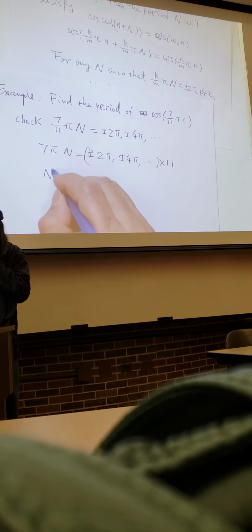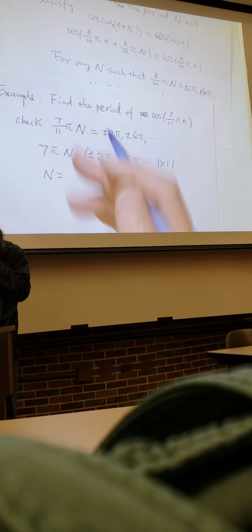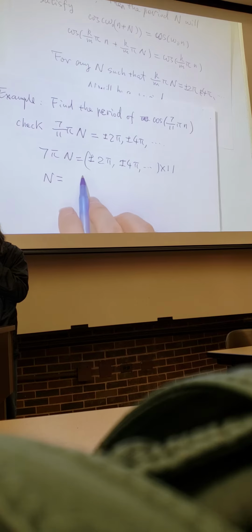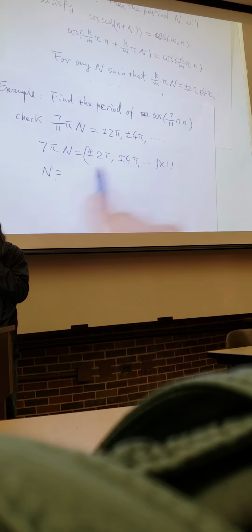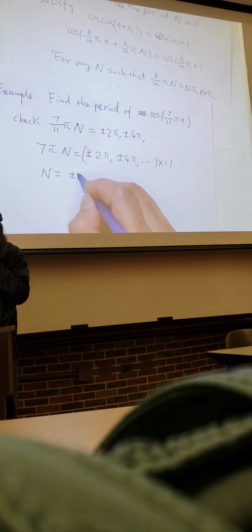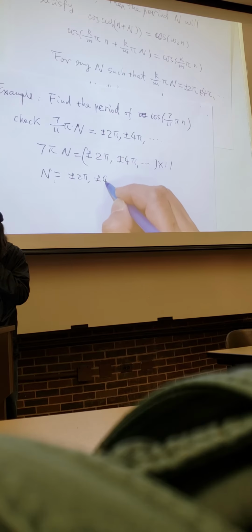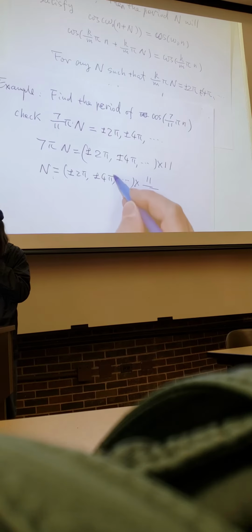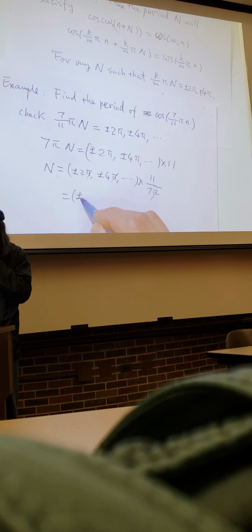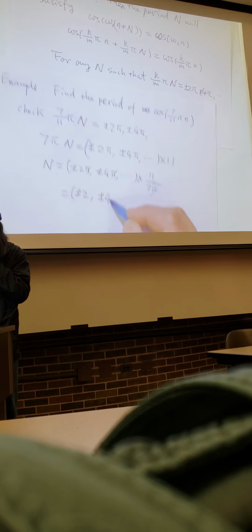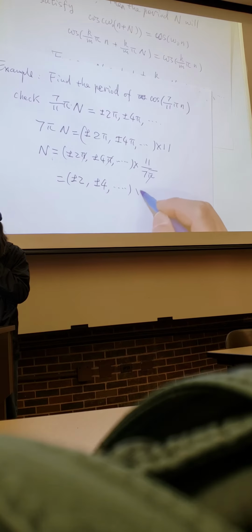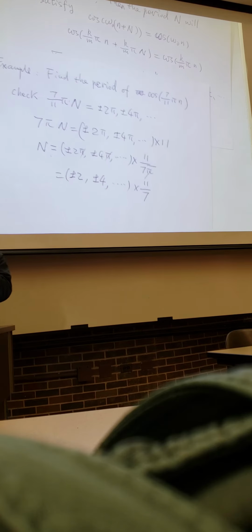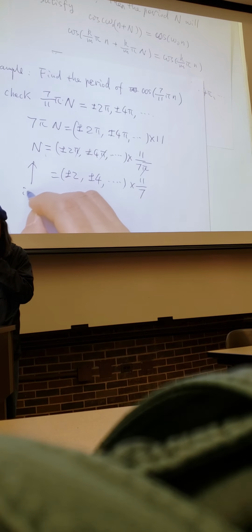Then N will be, from here I can get this directly, plus or minus 2 pi or plus minus 4 pi and so on, times 11 over 7 pi. And pi and pi I can cancel. This will be plus or minus 2, plus minus 4, and so on, times 11 over 7. But N must be an integer.